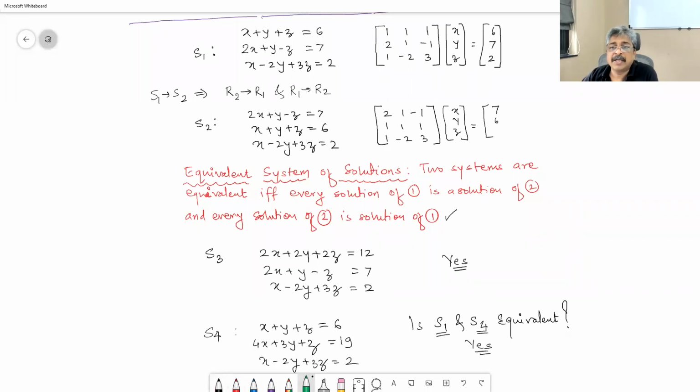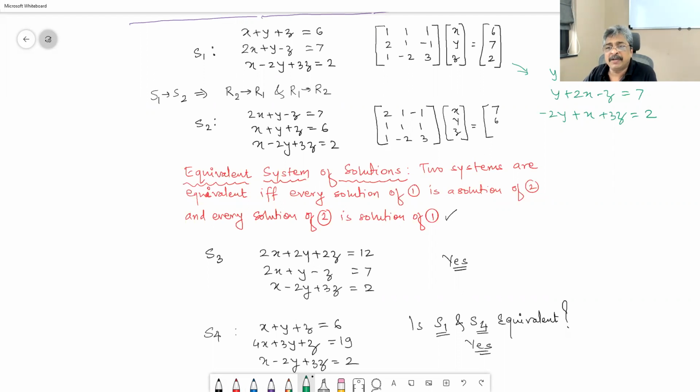Look at this. I can write S1 system as y + x + z = 6, y + 2x - z = 7, -2y + x + z = 2.